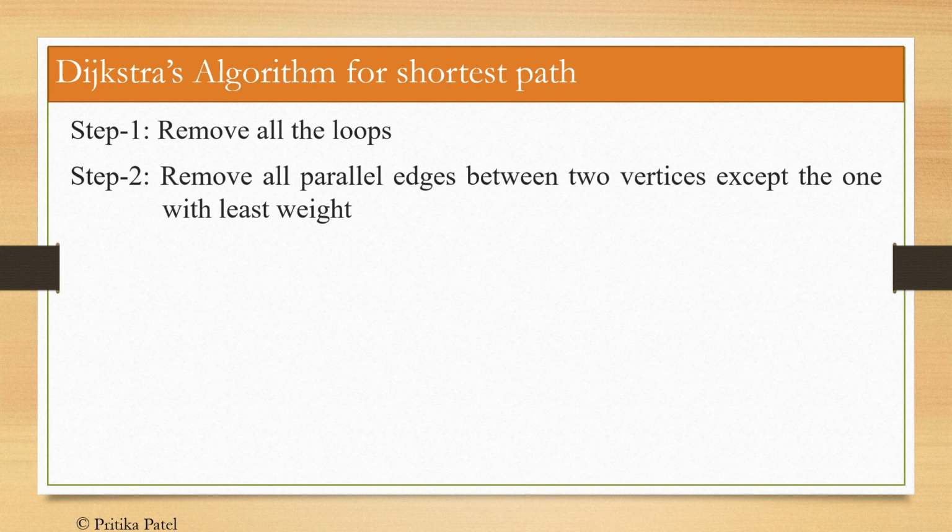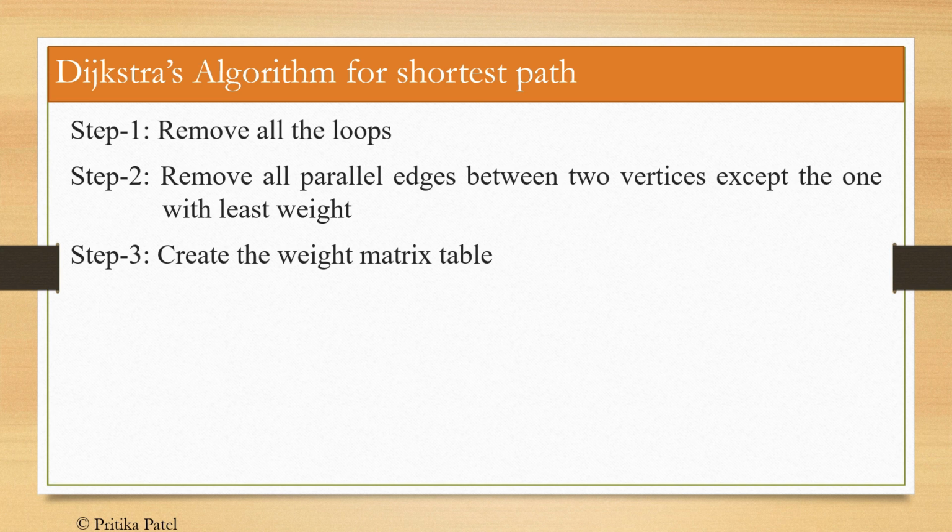So in this step we have to remove all parallel edges between two vertices, and among these parallel edges we remove the edges which have maximum weight. So we choose the least weight edge from the parallel edges, and except this we remove the others.